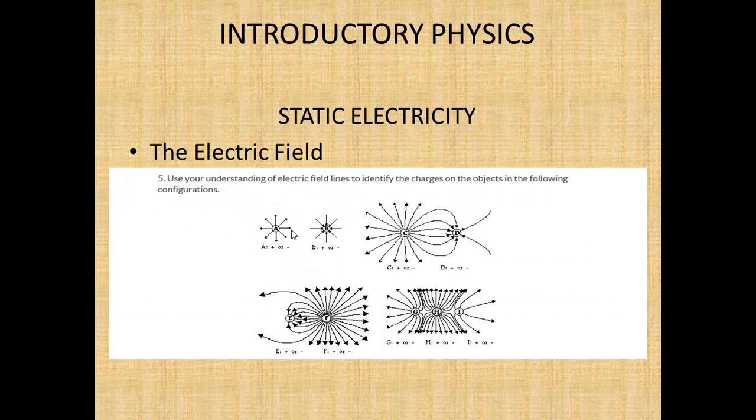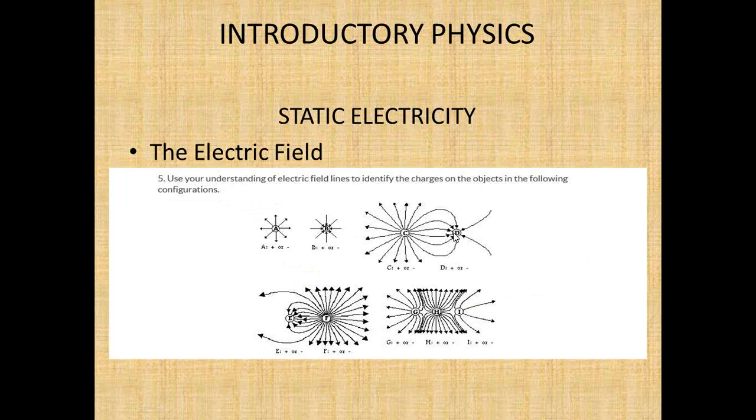Remember your test charge is positive. So if the lines are going away from it, that means it's repelling the test charge, which is positive. So it has to have the same charge. So it has to be positive. Lines going towards this, that means it's attracting the positive test charge, so it's going to be negative.